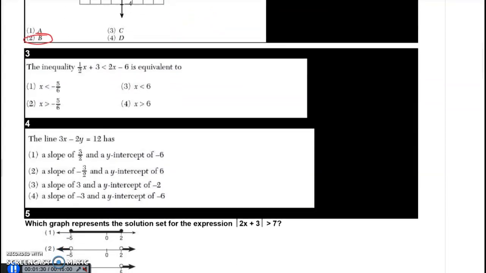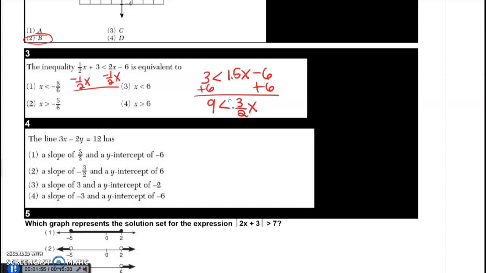Okay, so number 3, they're saying what's the answer here, basically. So we're going to subtract 1/2 x from both sides to get 3 is less than 1.5x minus 6. And then we're going to add 6 to both sides to get 9 is less than, I'm going to write this as 3/2 x so that I can multiply by the reciprocal.